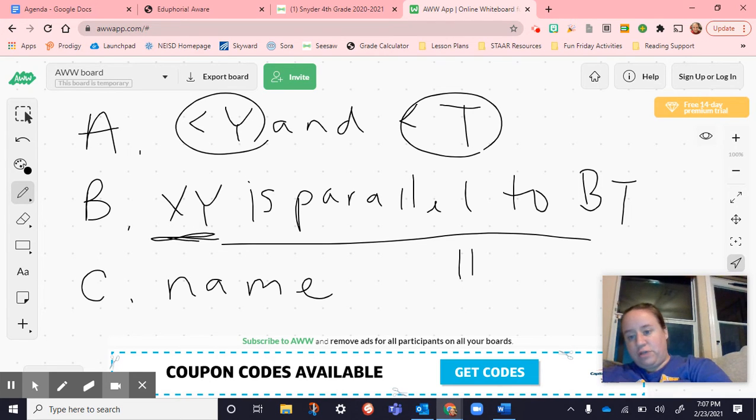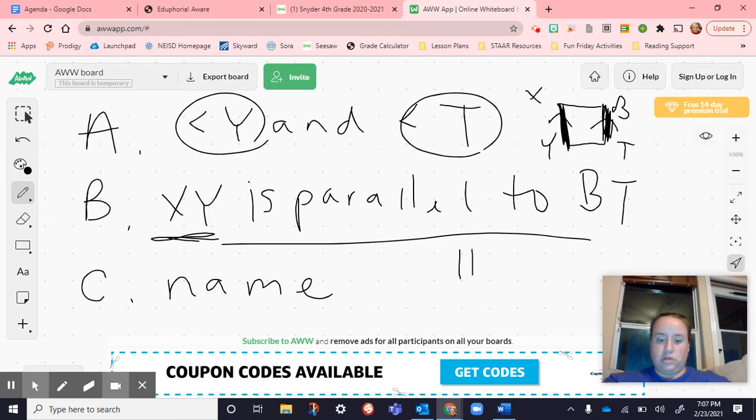If you have this shape right here, and this is X, Y, B, T, that means this whole line segment XY is parallel to this whole line segment BT. So you need two letters and two letters.